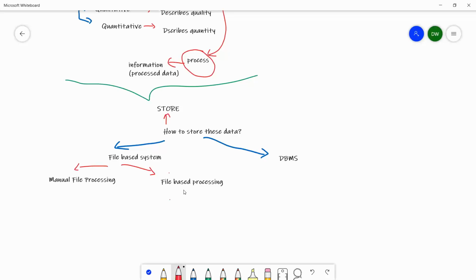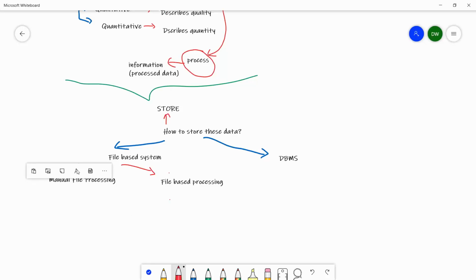For example, your attendance can be recorded in an Excel sheet and saved inside your computer, right? So in manual file processing, we have documents physically, but in file-based processing, we have documents inside the computer, right? So that is the difference between manual file processing and file-based processing.